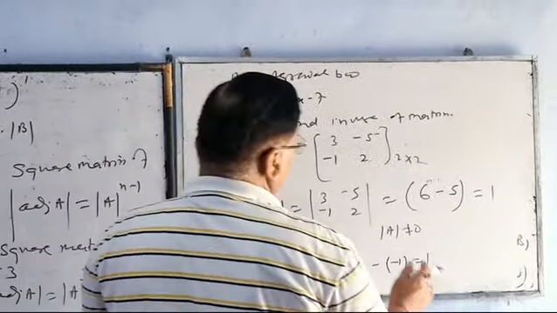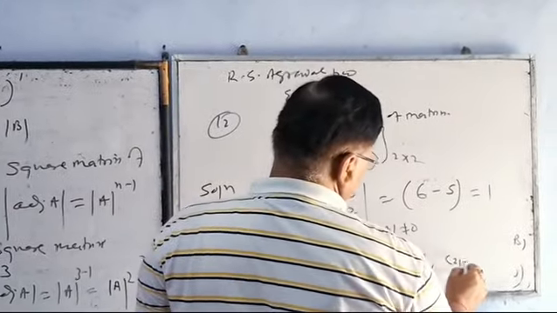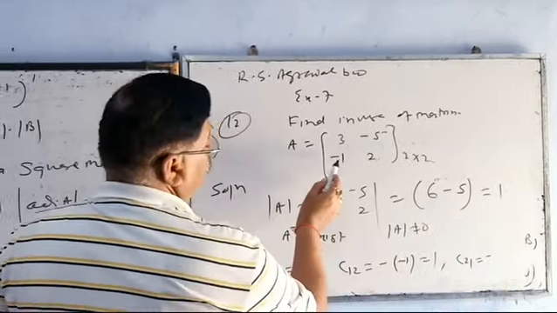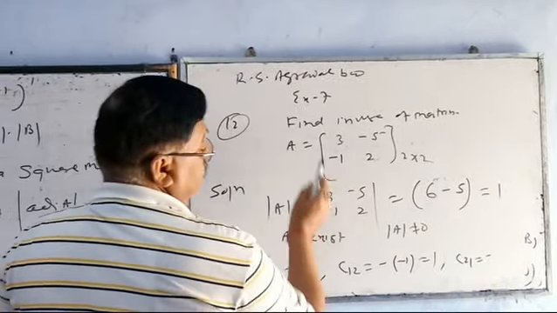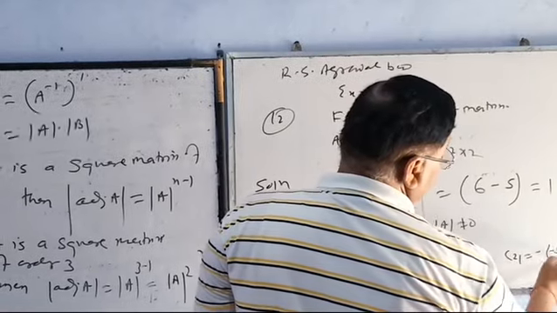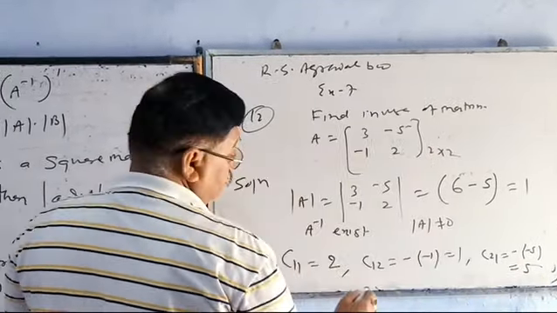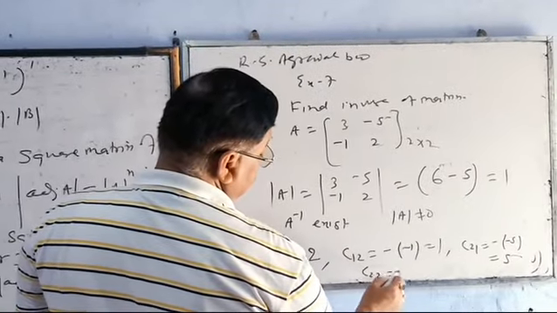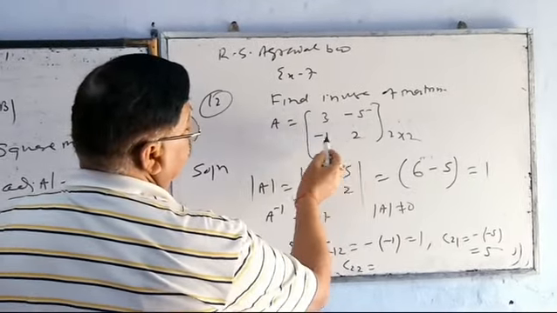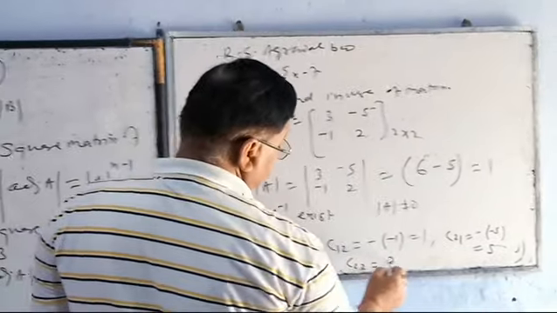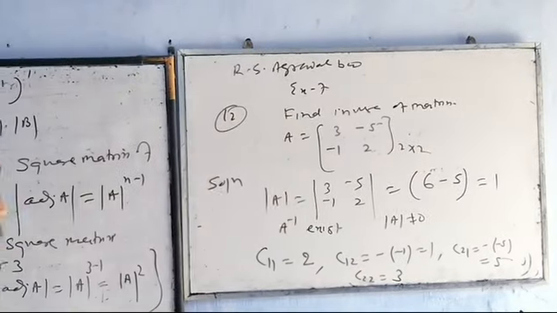Then cofactor C2 1, minus: cofactor of this is minus 5, so 5. C2 2: cofactor of this is 3. So we have got the cofactors.